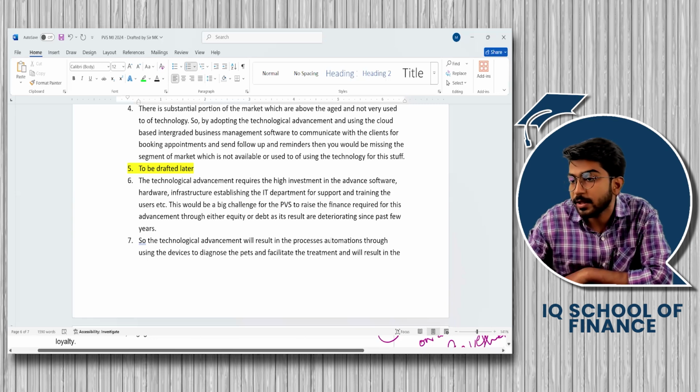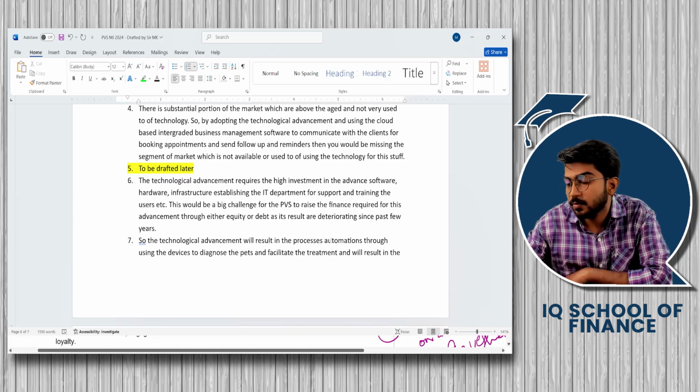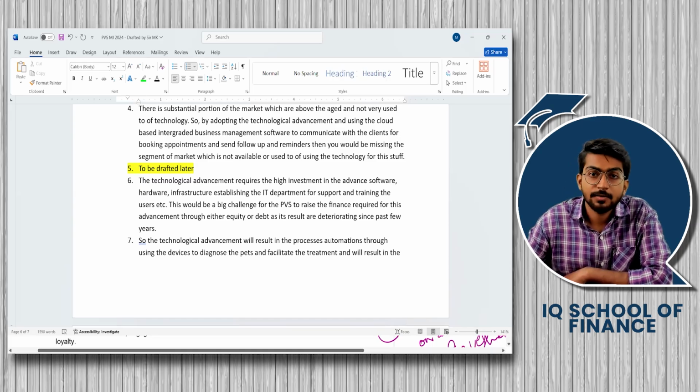Okay, so now let me read the points. The technological advancement, e.g., the cloud-based system, high initial investment in software, hardware, and moreover, it will result in maintenance costs. Shoaib has gone to the poor gearing ratio and other things, but Shoaib, do you know what the benchmark or the standard gearing ratio of the industry is?